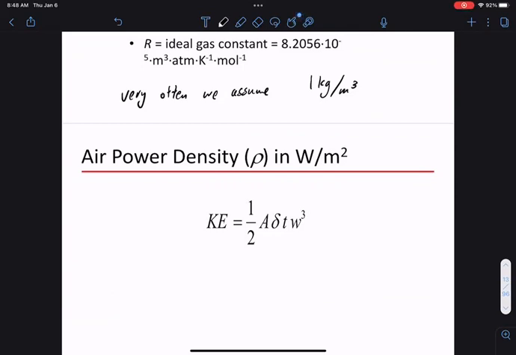So when we talk about wind power, there are two dependencies. One is the size of the blade: if you have a larger blade, you have more energy. The other is time. Often the metric we are interested in is the power density rho, in watt per meter squared.